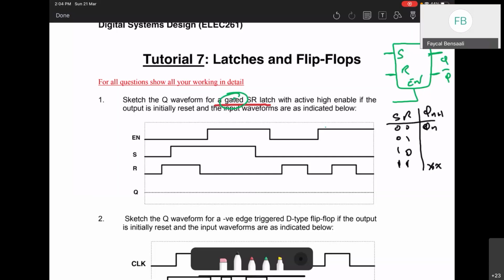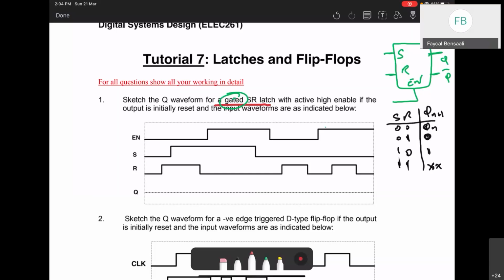Set means we put the output to 1. And reset, when R is 1, means we push the output to 0. I'm just repeating what we did to refresh your memory, and to use it in this exercise.